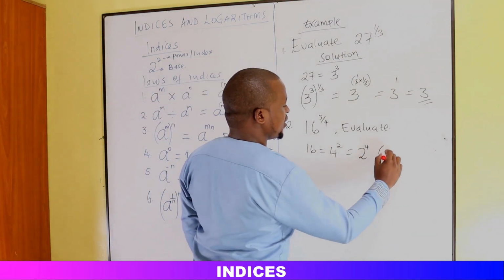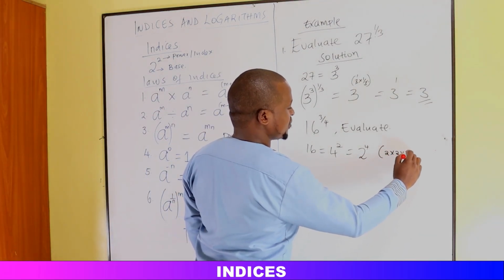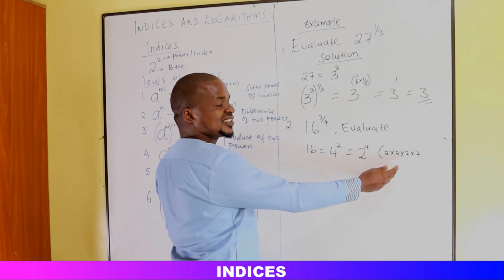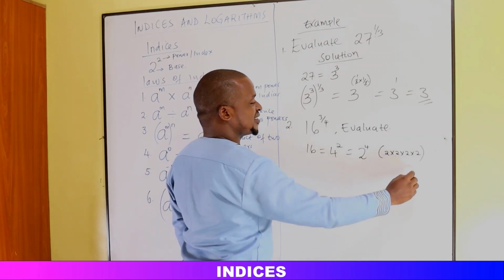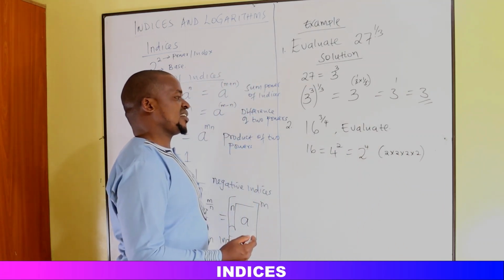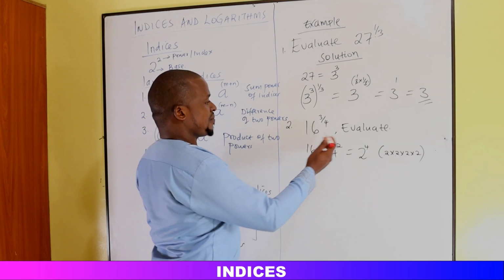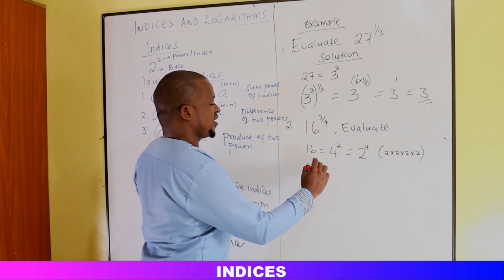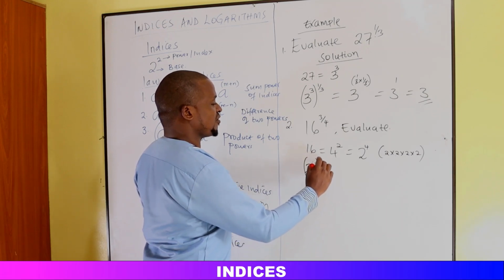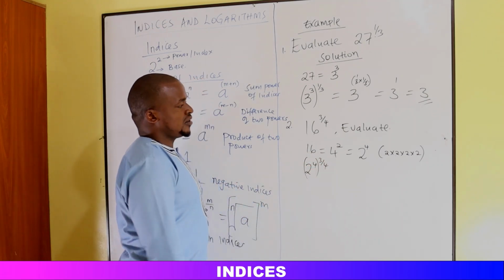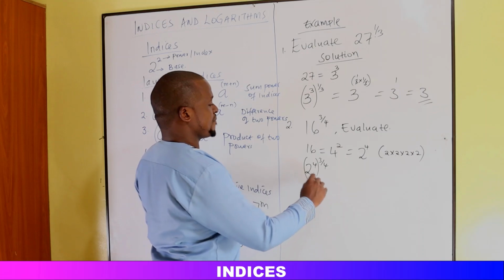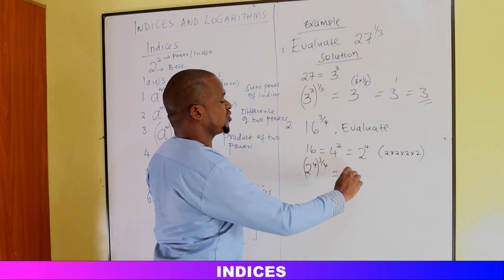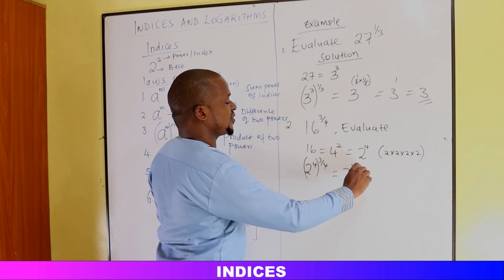That is to say, 2 times 2 times 2 times 2. 2 times 2 is 4, 4 times 2 is 8, 8 times 2 is 16. So, to evaluate that one, you're going to have 2 raised to power 4, the same number now raised to power 3 over 4, which will be, since these are product of two powers, 2 raised to power 4 times 3 over 4.